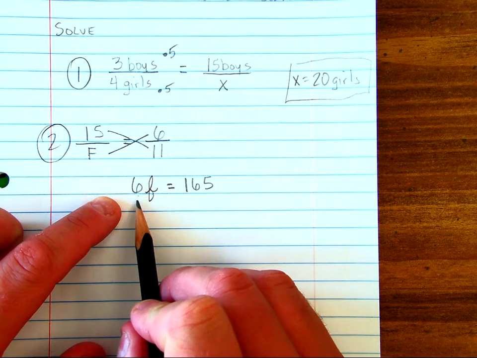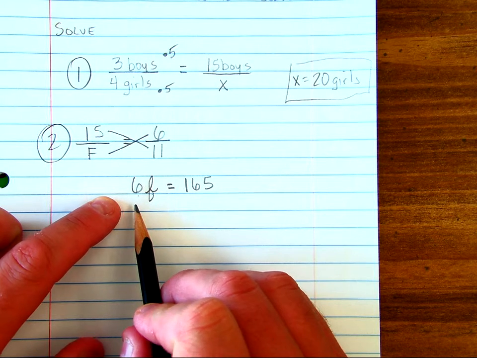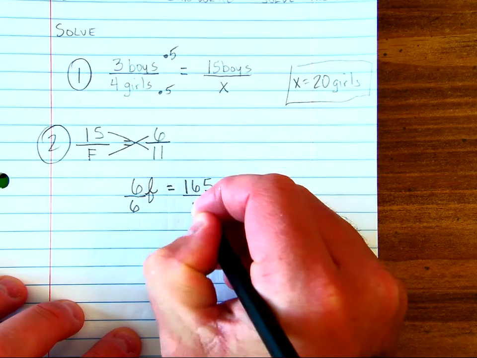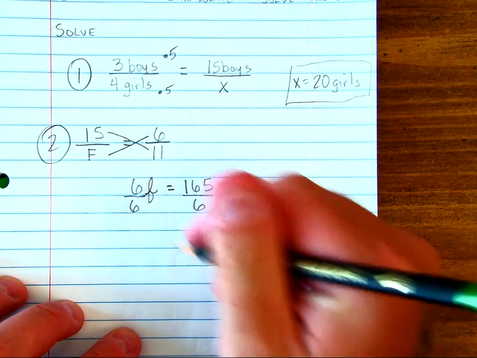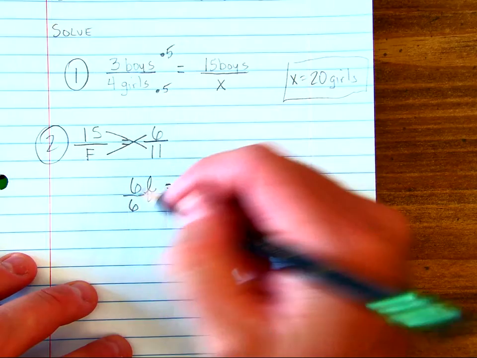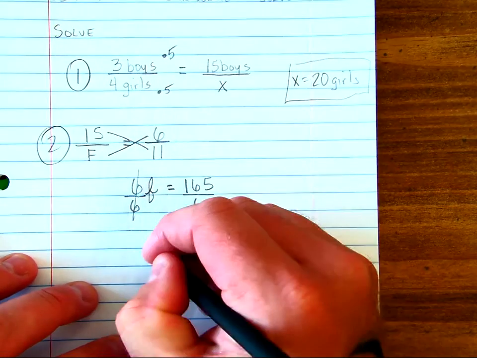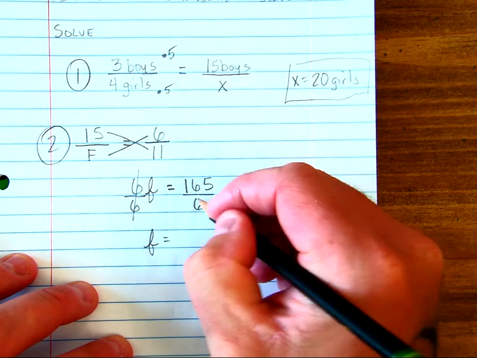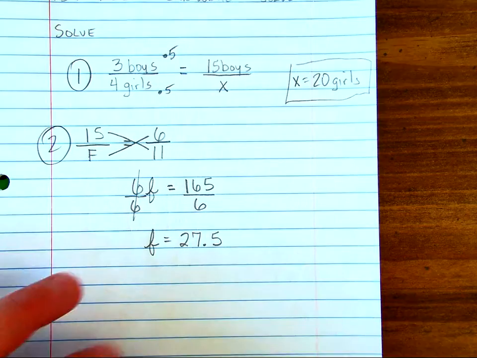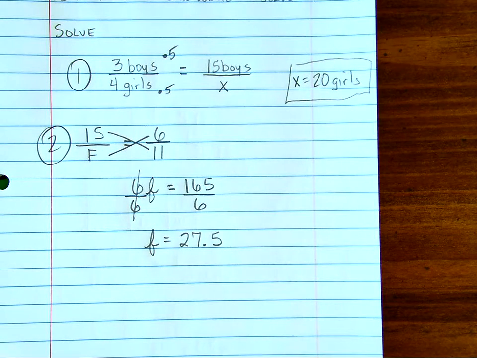And what's the inverse of multiplication, Katie? So we're going to divide both sides by the coefficient. The coefficient is the number in front of the variable. What's 6 divided by 6? 1. 165 divided by 6 is 27 and a half. And that's your answer.